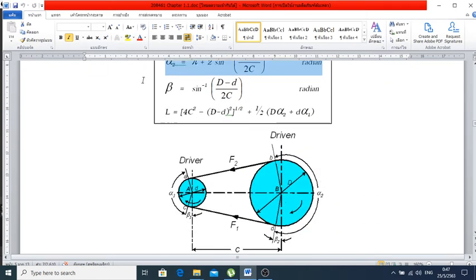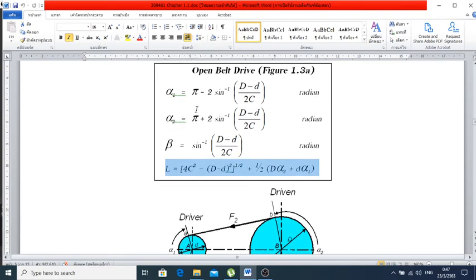And beta, let's see the figure there. Beta can be determined based on the length of the belt, from the first point up to the last point. So this is the equation that we can use for the open drive system.